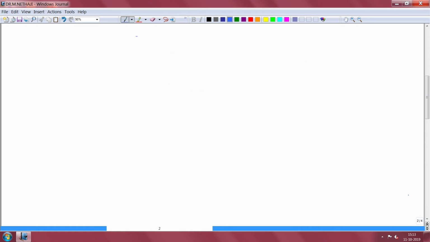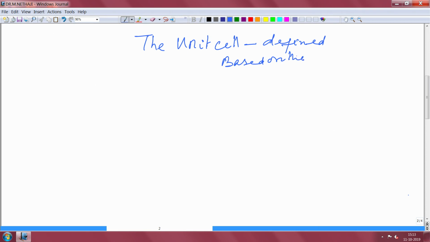So, the unit cell can be defined based on the sides and the angles between the sides.